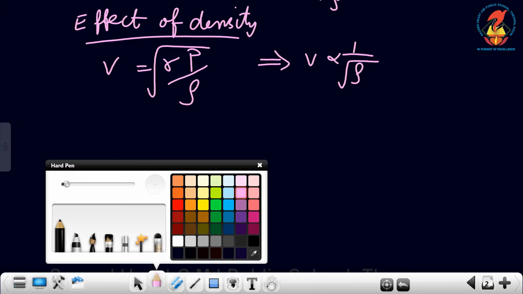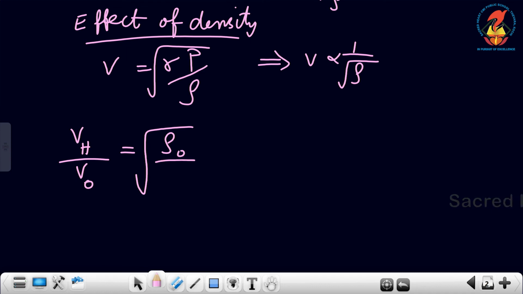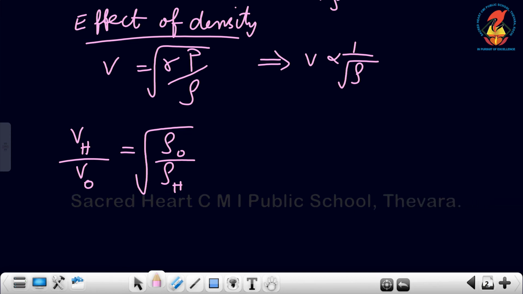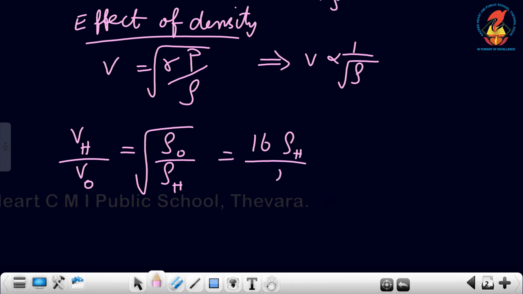For example, if I am finding the velocity of sound through hydrogen gas to the velocity of sound through oxygen gas, hydrogen gas by oxygen gas. So, V proportional to 1 by root rho. So, it is root of density of oxygen gas by density of hydrogen gas, and density is mass by volume, right? So, it is proportional to mass. Density of oxygen is how much? 16 times density of hydrogen.